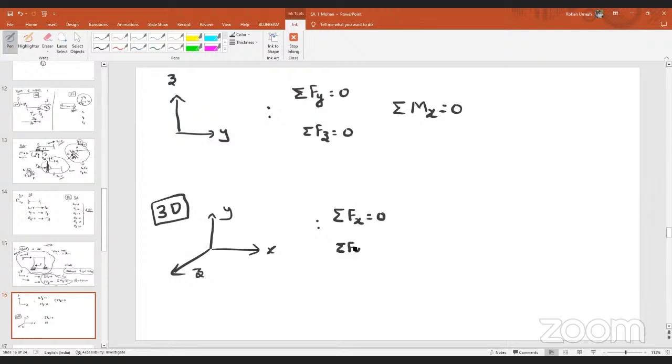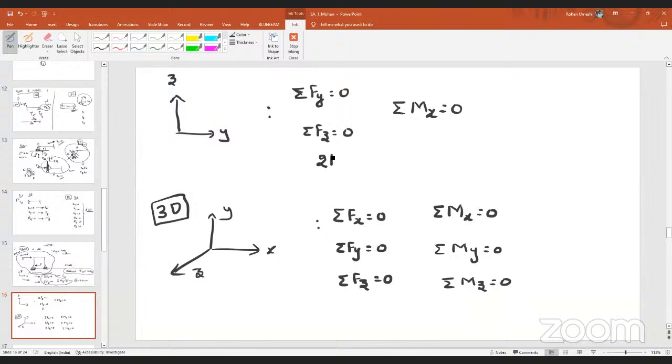We should not allow motion along y, summation Fy, and along z, summation Fz. Similarly, we should not allow rigid body rotation about x, summation of moments about x, about y, summation My, and about z, summation Mz. So how many equations do we have for a structure in a 2-dimensional plane?